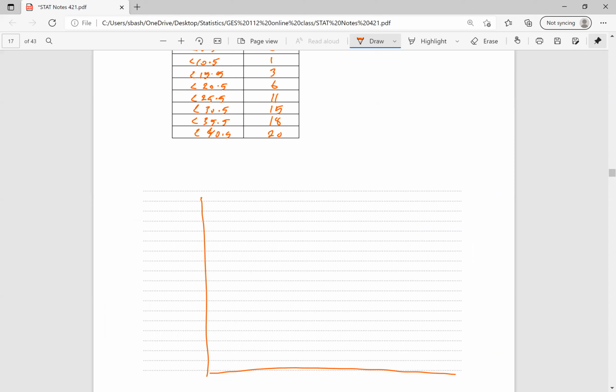Frequency from 1 to 20. So let's say this is 2, 4, 6, 8, 10, 12, 14, 16, 18, and 20. So it seems to be small. Make it larger, just to make it clear.